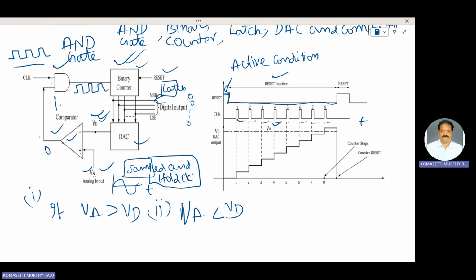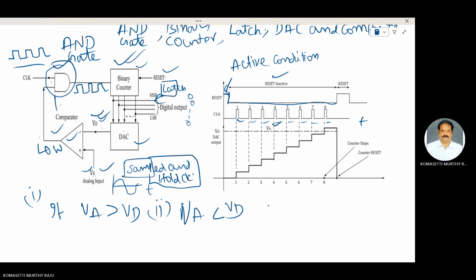The output of the comparator becomes low, not high, and the AND gate is disabled. This stops the counting. The binary counter stops counting because the AND gate is disabled when VA is less than VD.